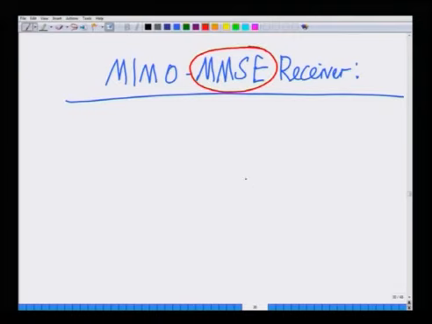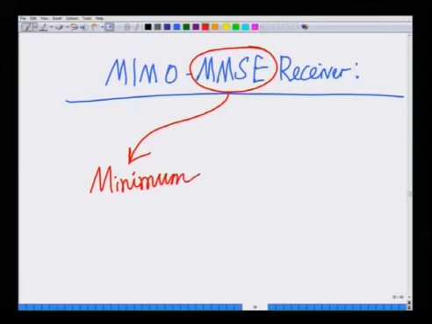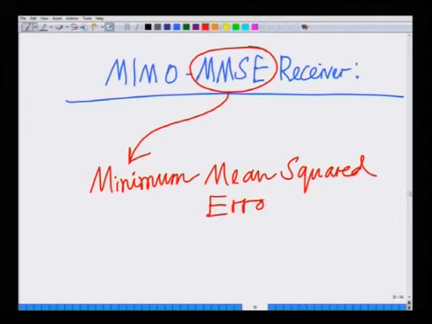What does MMSE stand for? MMSE stands for minimum mean squared error.